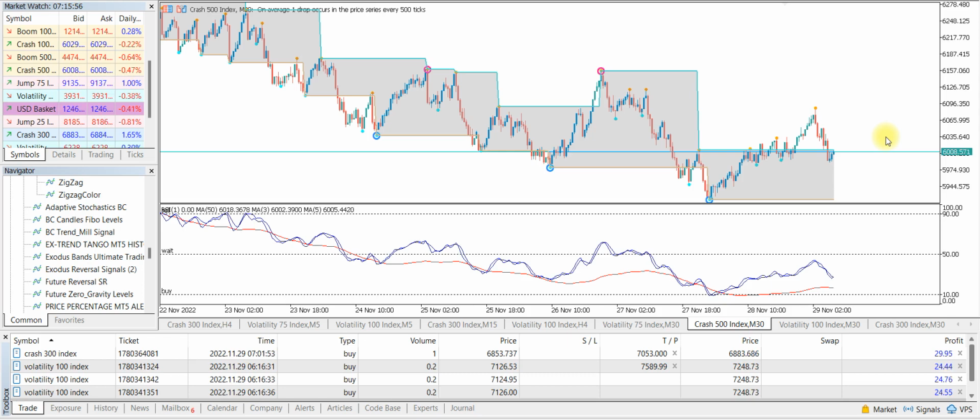Okay, so let's quickly dive into it. Now, this indicator can be used for everything, as in you can use it for every index. You can use it for normal US 30, you can use it for normal synthetic. Now, the reason why he suggested that it should be used only on synthetic is because synthetics are not characterized by fundamental analysis, only by technical analysis.